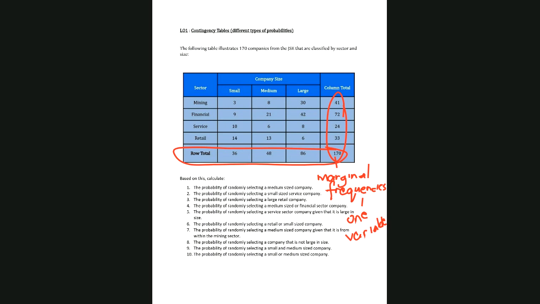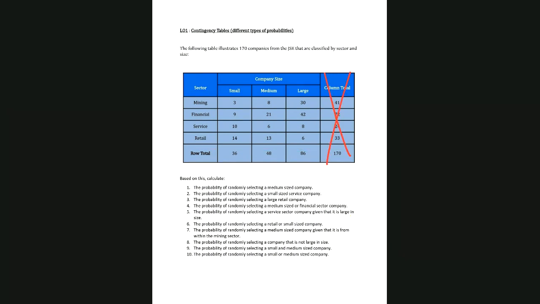Then if you ignore that total column and total row, so leave those out, and you focus on everything within the table, so everything within the rectangle that I've drawn, these are called joint frequencies.